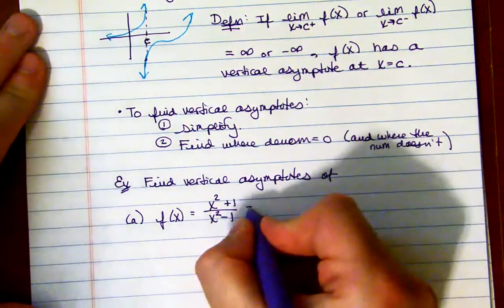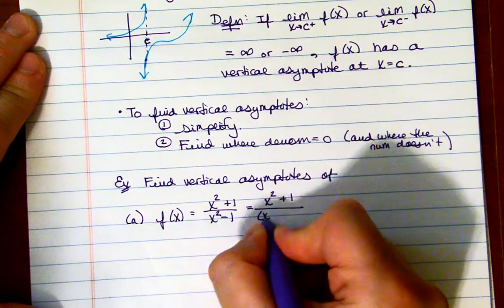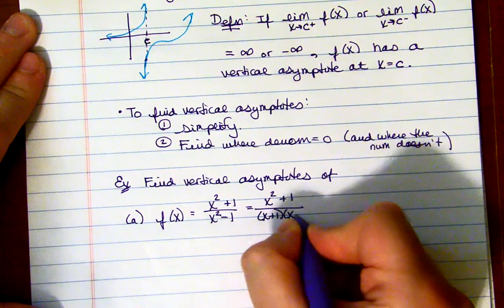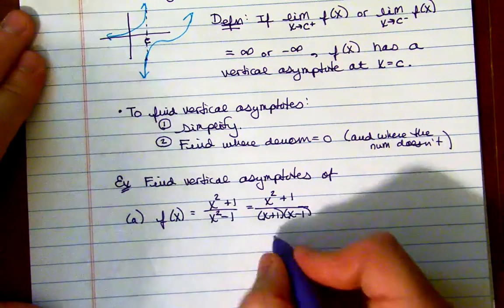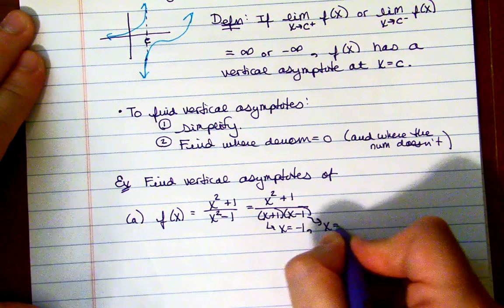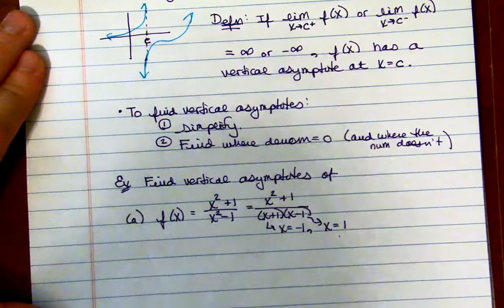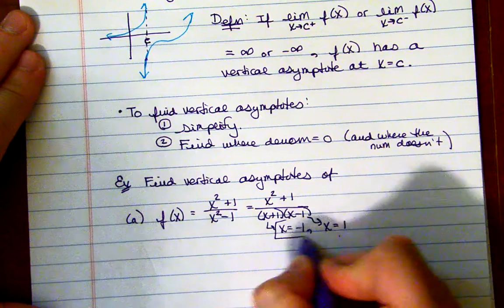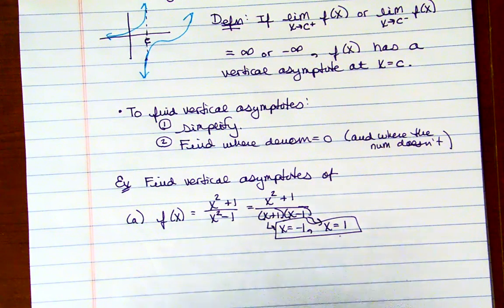Well, I can't do anything to the numerator, but I can factor my denominator into x plus 1, x minus 1. That's going to give me x equals negative 1, x equals positive 1. Neither of these would make the numerator equal 0, just the denominator equals 0. So those are both vertical asymptotes, because those would give me something in the form a number over 0, which is really all that I'm looking for here.